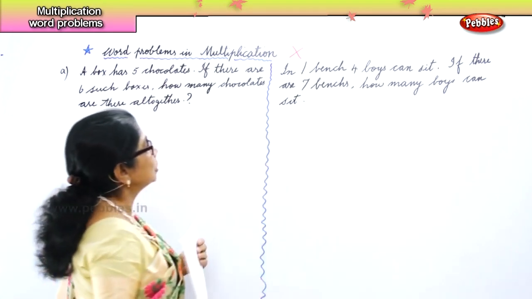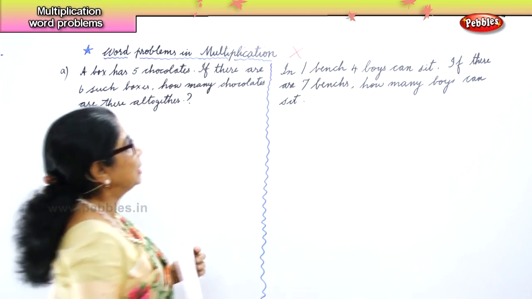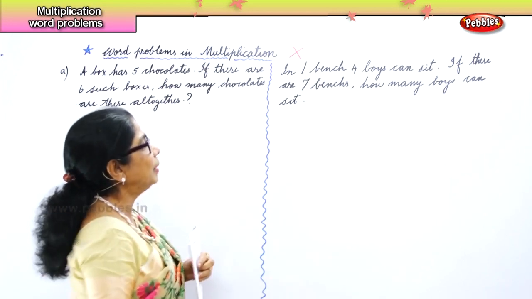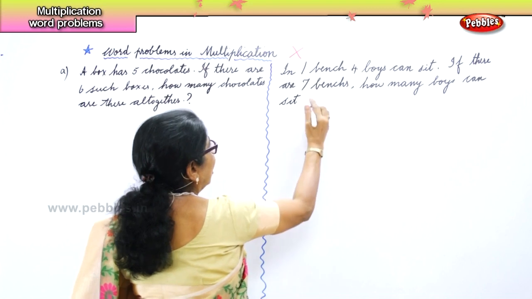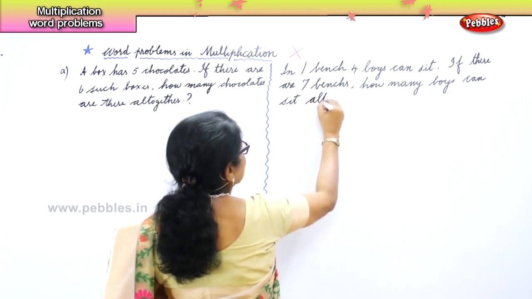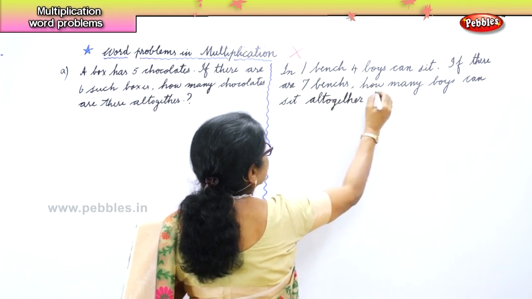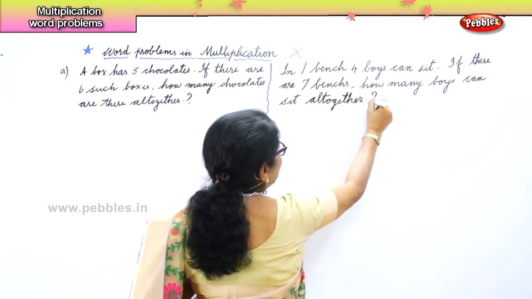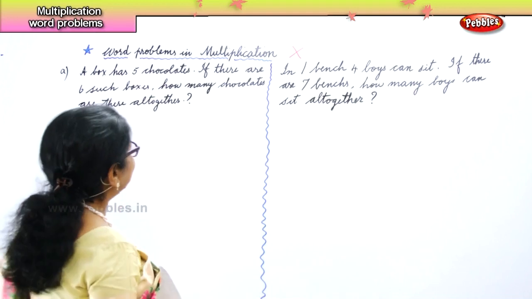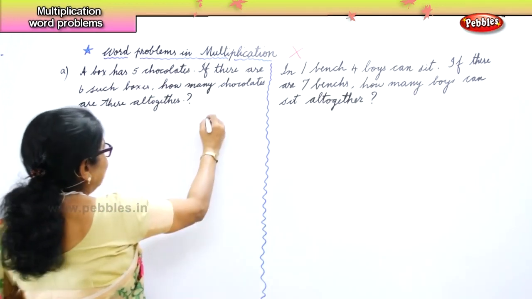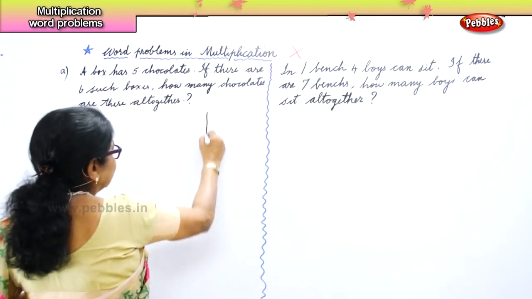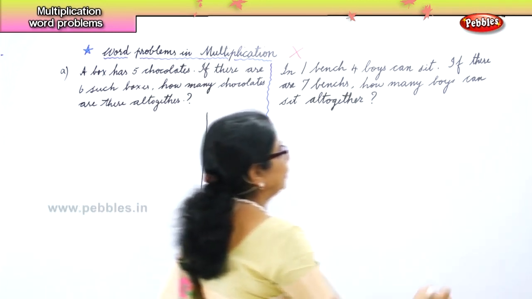If in one bench 4 boys can sit, and there are 7 benches, how many boys can sit altogether? I have got 2 problems for you. The first thing we need to do is to make the margin, and then we start.